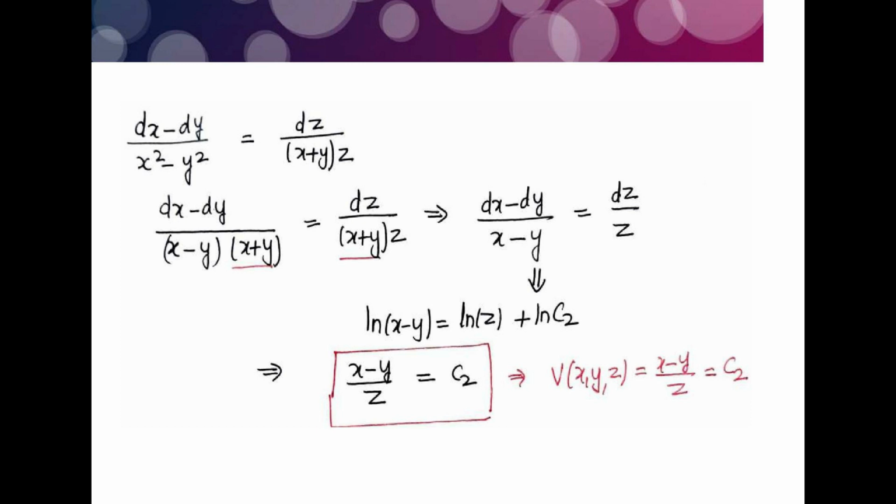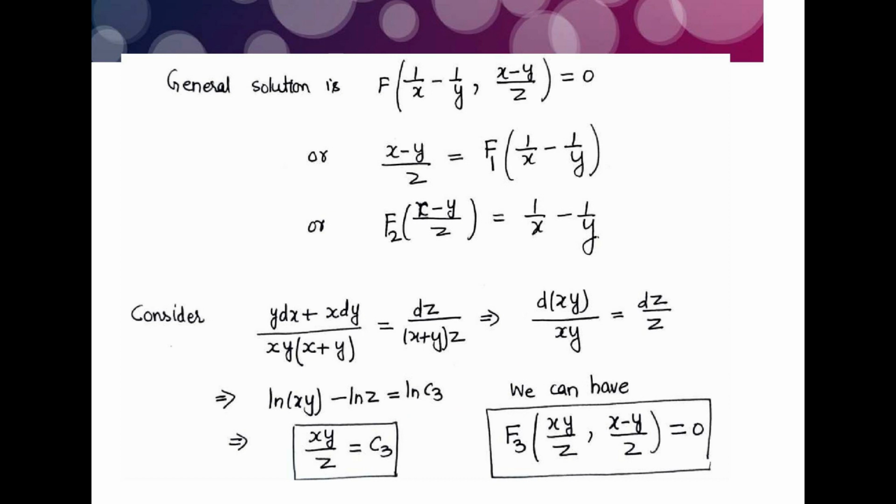Further we can simplify this. So we have v as a function of x, y, z, and this is given by x minus y over z, this is equal to c2. So the general solution of this partial differential equation is given by capital F, an arbitrary function. Then I am writing u, 1 upon x minus 1 upon y, comma v, that is x minus y divided by z, equal to 0.